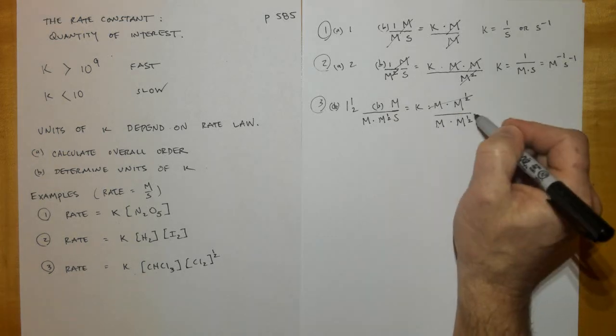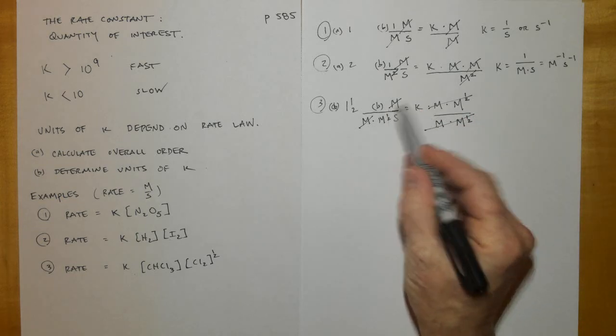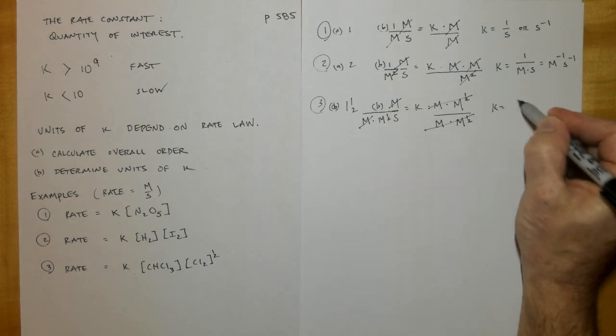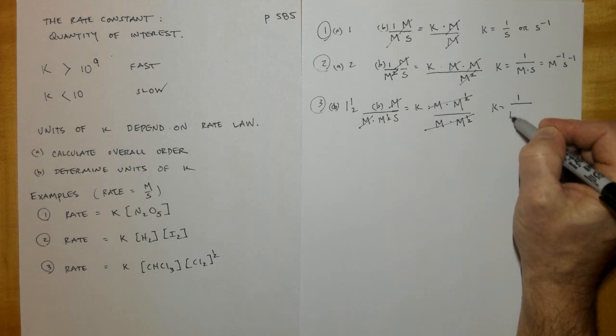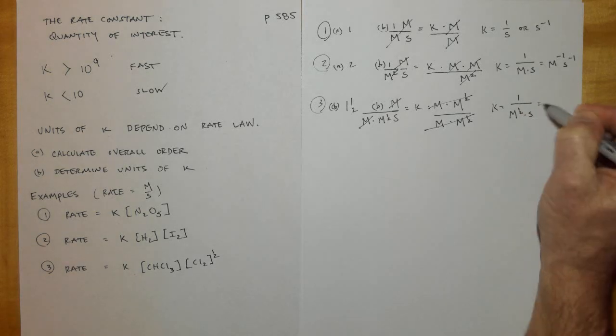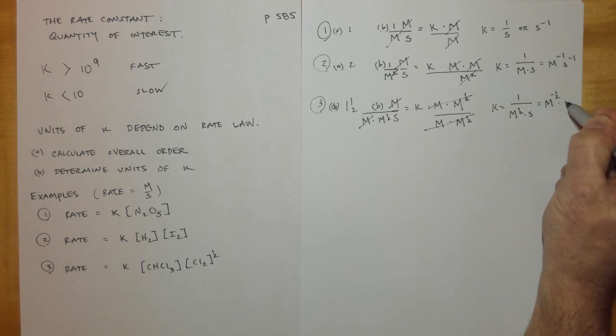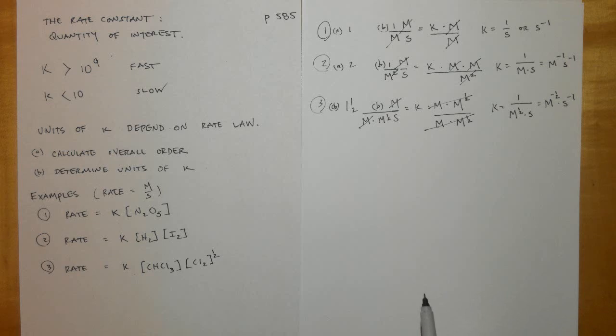These all cancel. This cancels with this, and K is then equal to 1 over molarity to the 1/2 power times seconds, or the fancy way to write this is molarity to the negative 1/2 times seconds to the negative 1.